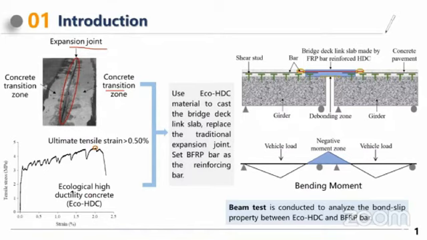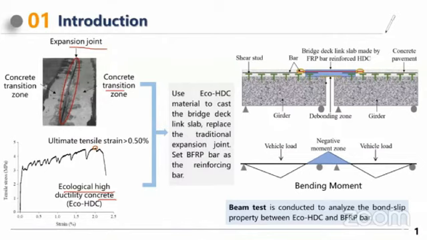Ecological high ductility concrete has an ultimate tensile strength of more than 0.5%. We will use ECO HDC as the abbreviation. We can use ECO HDC material to cast the bridge deck link slab, replacing the traditional expansion joint. Usually, we set the BFRP bar as the reinforcing bar.